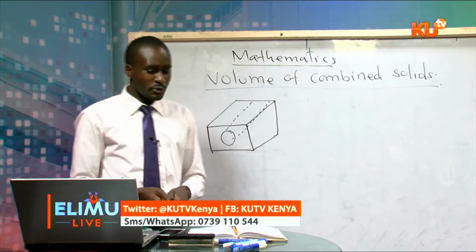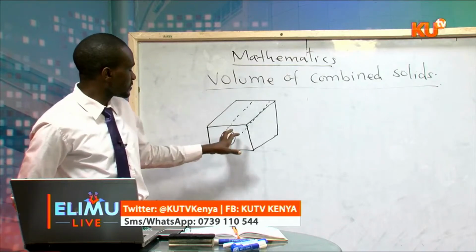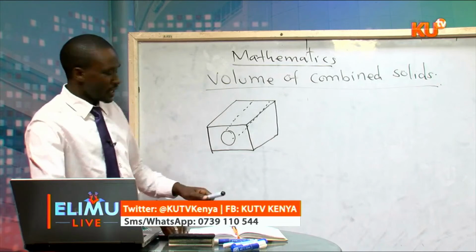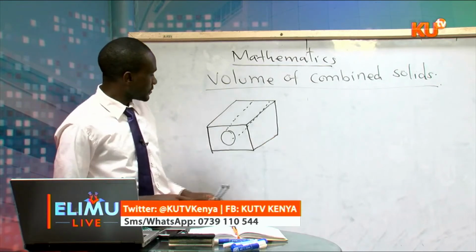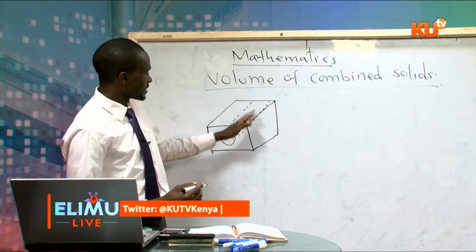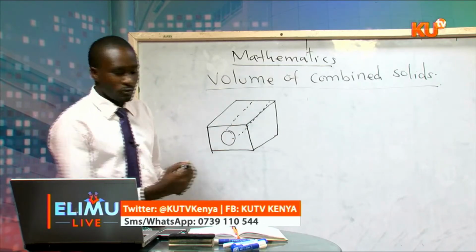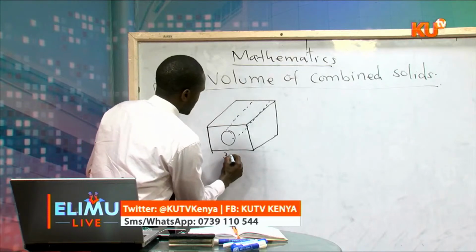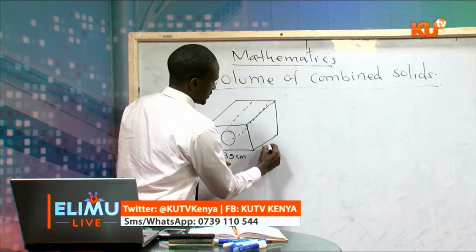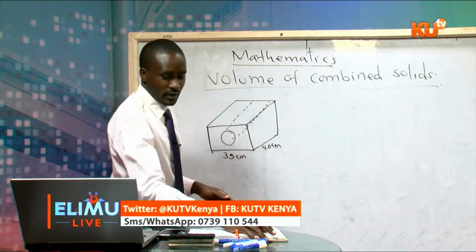now, here we have two solids. We have two figures. We have a cube or a cuboid and a cylinder. Now, let's say this is 35 centimeter. This one is 40 centimeter.